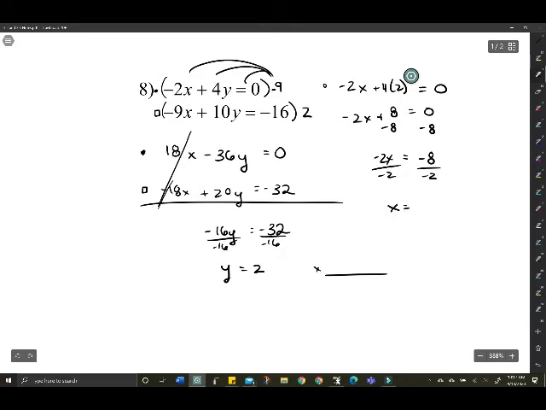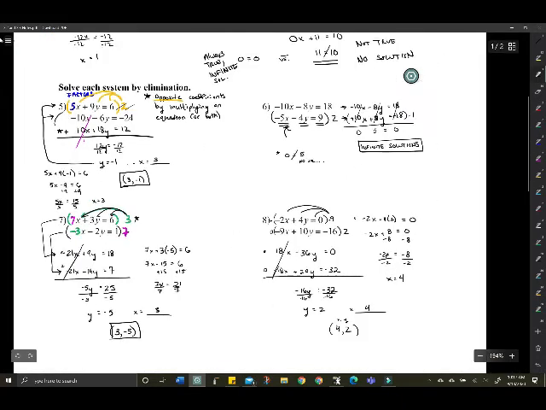So x equals positive 4. Just remember, coordinate points always go x, y. So if you're writing your answer like that, please write it properly. So (4, 2). Okay, now that's the elimination method.